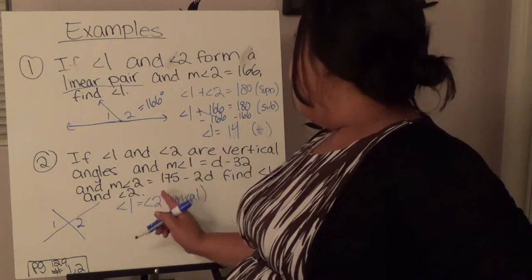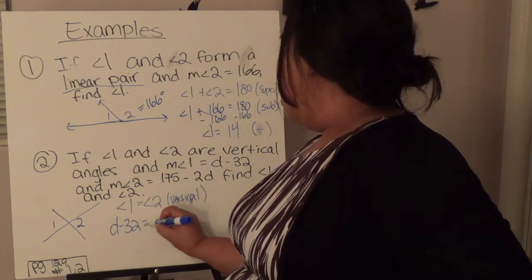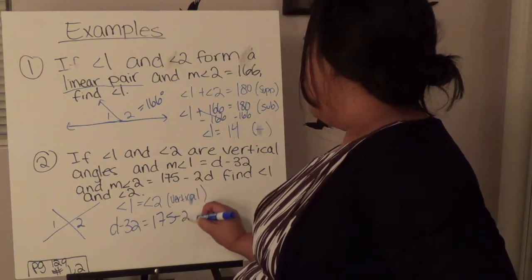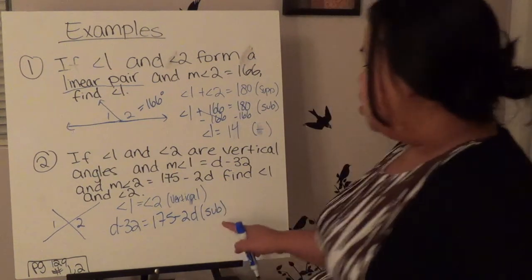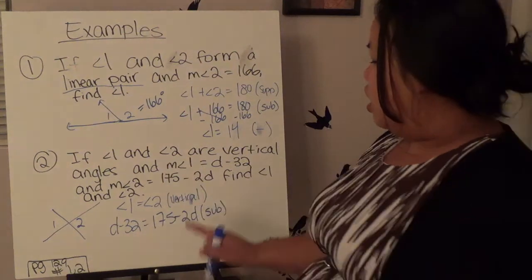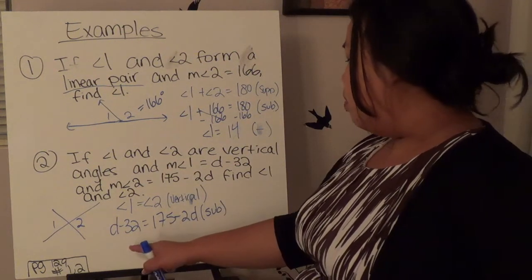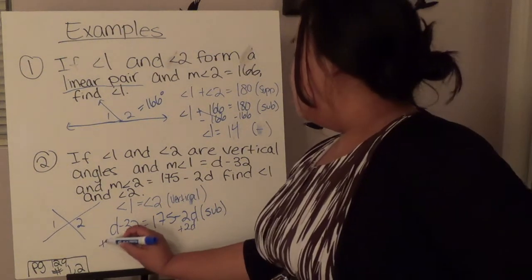So I know that angle 1 equals d minus 32. And I know that angle 2 equals 175 minus 2d. This is substitution. I substituted angle 1 for what it's worth and angle 2. And then from here I solve. I'm going to go ahead and add 2d to both sides.